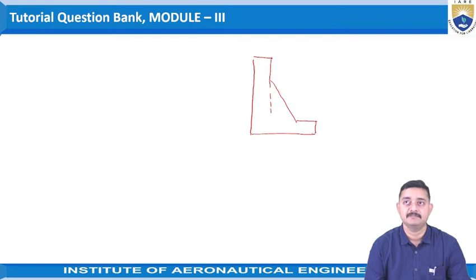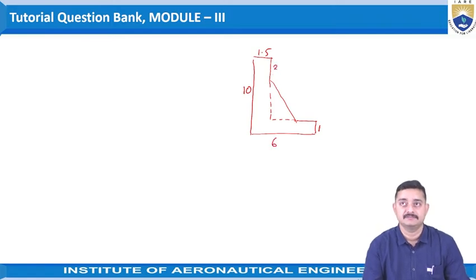This would be our third part, which is the triangle. This length or height is 1 and this width is 1.5. This total is given as 10. This one is 3 and the total base is 6. So this is the value given.